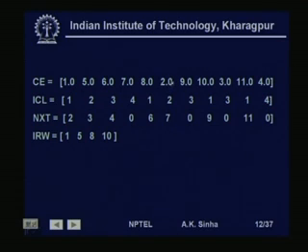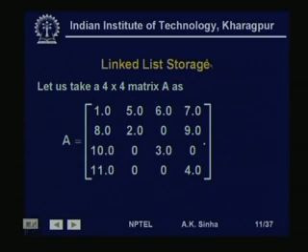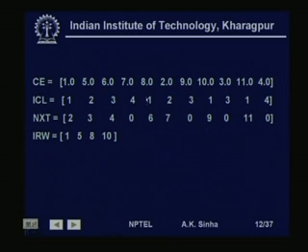Again for this, the next element in the same row is 9, at position number 7. So, we have 7 as the next here. Again the row ends, so there is no next element, and this is indicated by a 0.